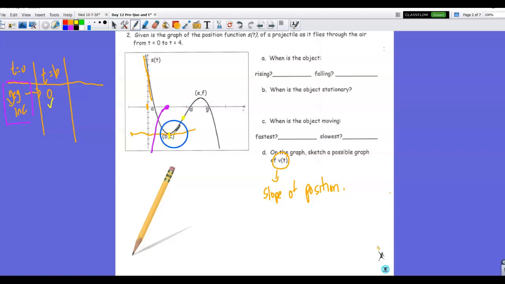And when we go to that next region, the slopes then, they're moving away from 0 and they're positive. So they are positive and they are increasing from t equal to b to this yellow point midway in between the valley and the peak. So positive increasing.